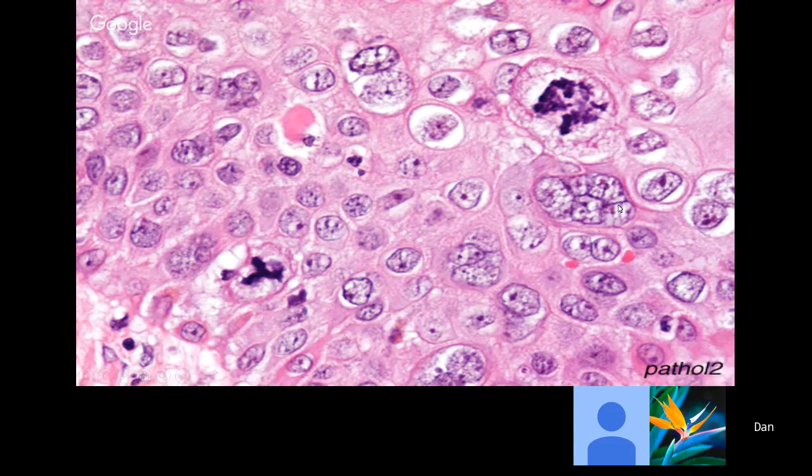See 1, 2, 3, 4, 5, 6, 7, 8 cells. 2 cells divided already. If you compare it to normal tissue, normal cells with desmosomes, you notice that the desmosomes here disappear. And this is stratified squamous epithelium. And here as well, it disappears completely. So the adhesion is gone.